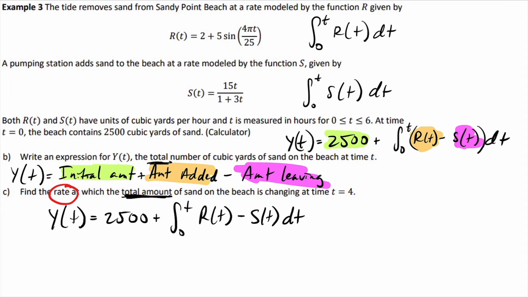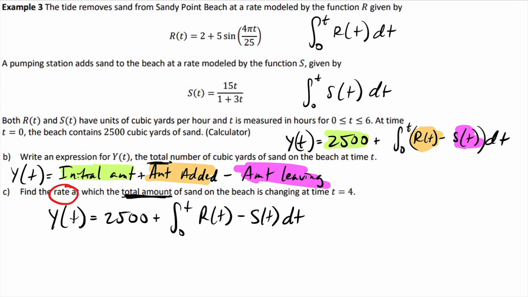What's another word for rate that we've used a lot, especially first semester? Derivative. Yeah, dy over dx. When it says find the rate, that means you're finding the derivative of something.